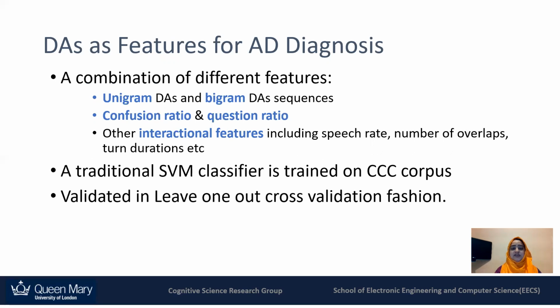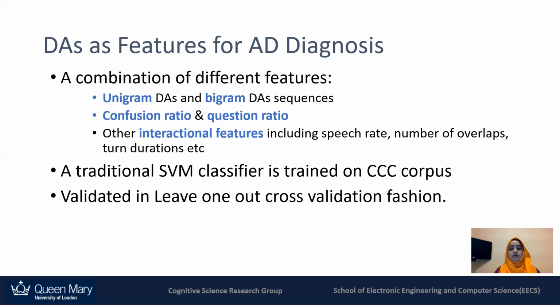Different combinations of features were tried here, like unigram dialogue act sequences and bigram dialogue act sequences, a question asked by a patient and a signal of non-understanding by a patient, or a question asked by the interviewer and a simple yes answer responded by the patient. Then the confusion ratios and question ratios, and other interactional features like speech rate and overlaps, etc.